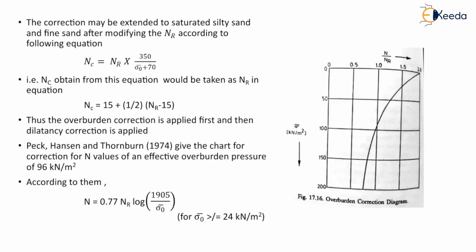Here the figure shows the overburden correction diagram. The y-axis represents the effective overburden pressure in kilonewton per meter square, and the x-axis represents the value of N upon NR. We can see that when overburden pressure is equal to 0, the value of N upon NR is equal to 2.